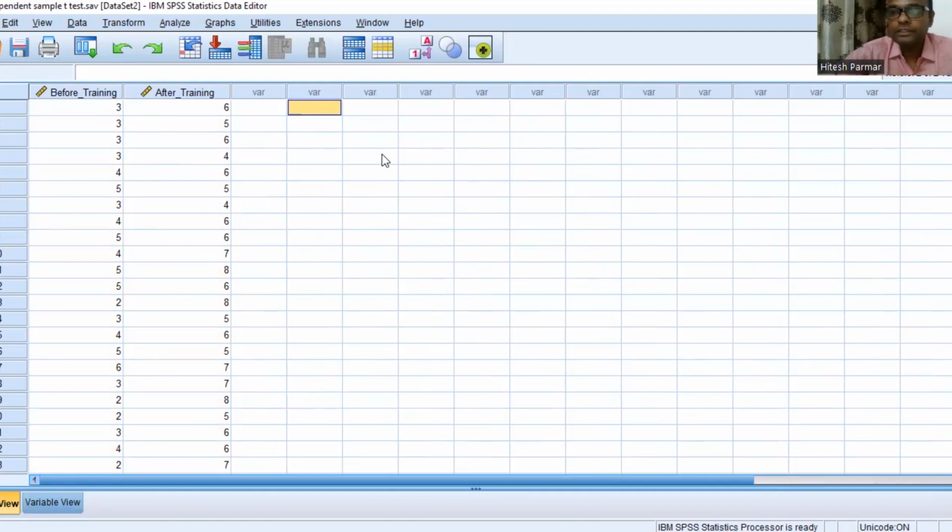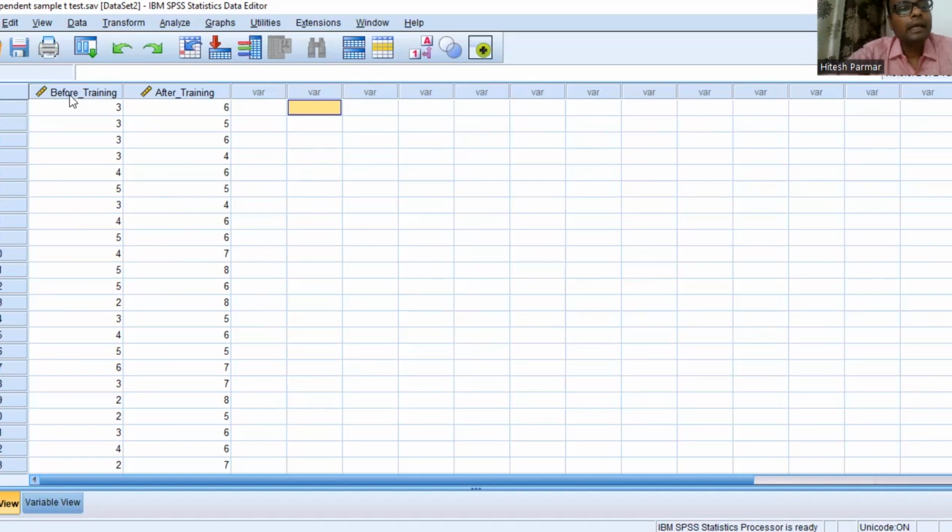Any situation where you would like to compare your before and after data, you can go for a paired sample or dependent sample t-test.